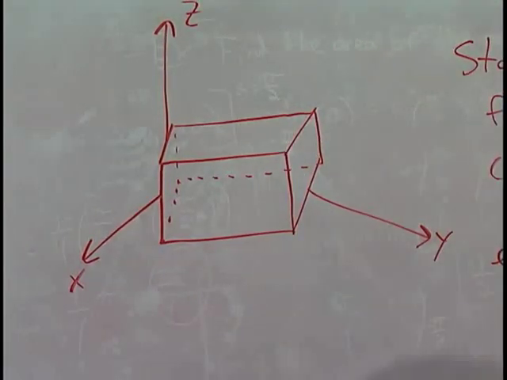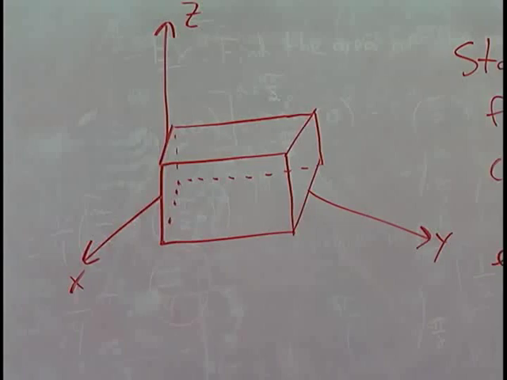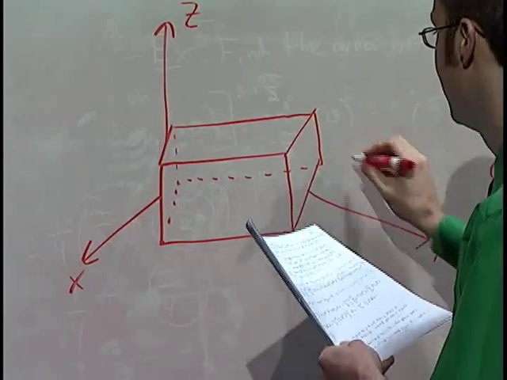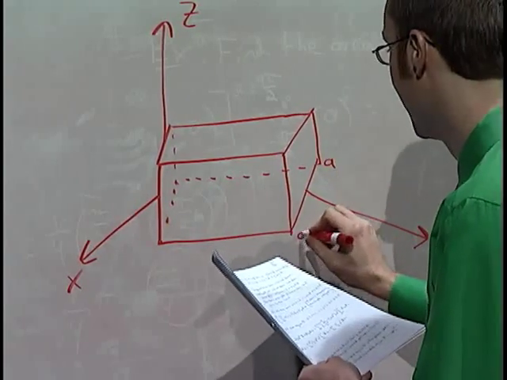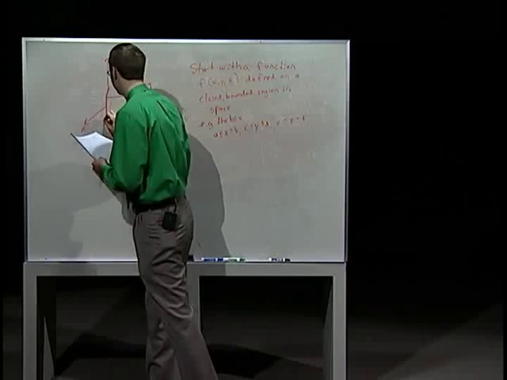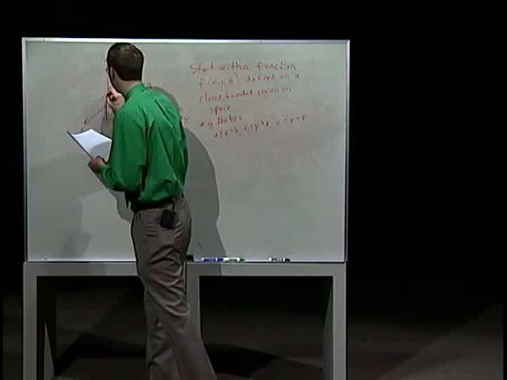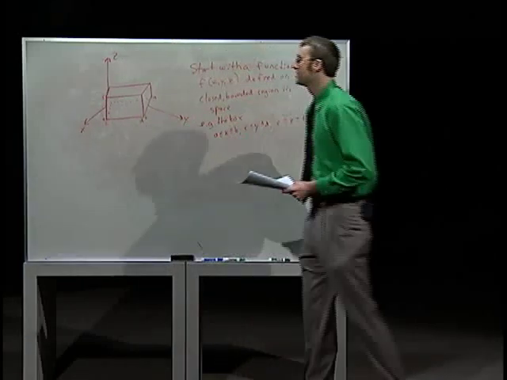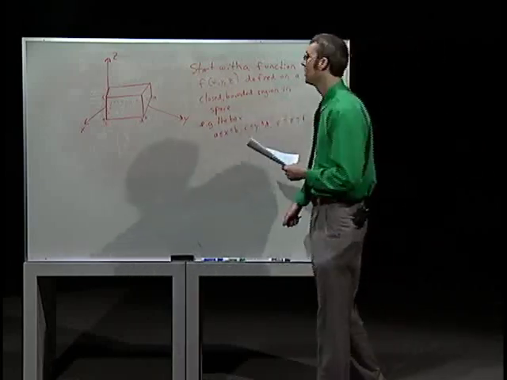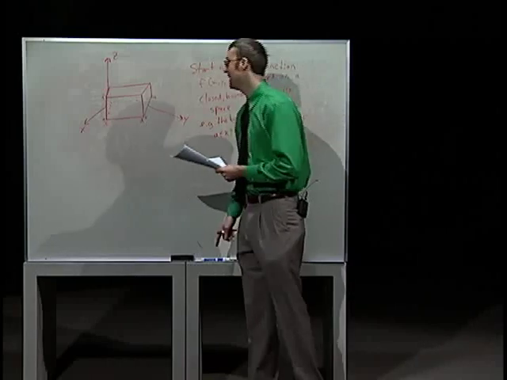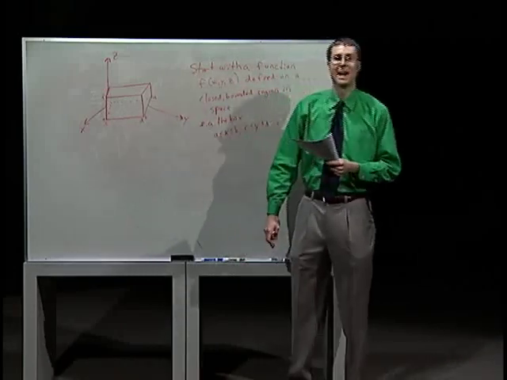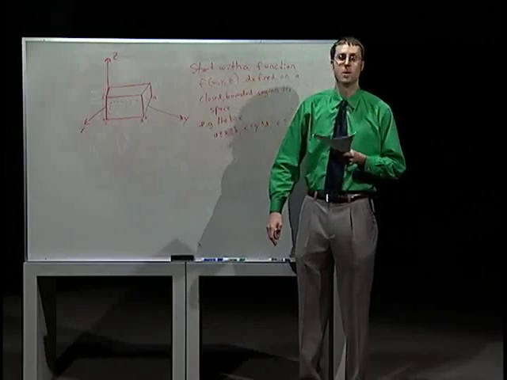So this thing is sitting in the xy plane somewhere. So the x limits are a and b, and there are the y limits, and the z limits, there's e. Okay, so this is probably the simplest region under consideration here, because we started off with rectangular regions in the plane when we talked about double integrals. Now we have rectangular regions in three space for triple integrals.